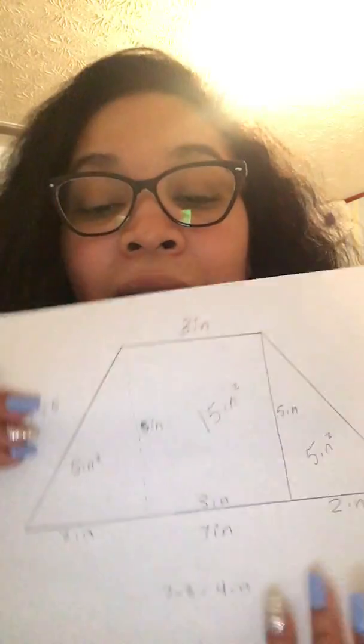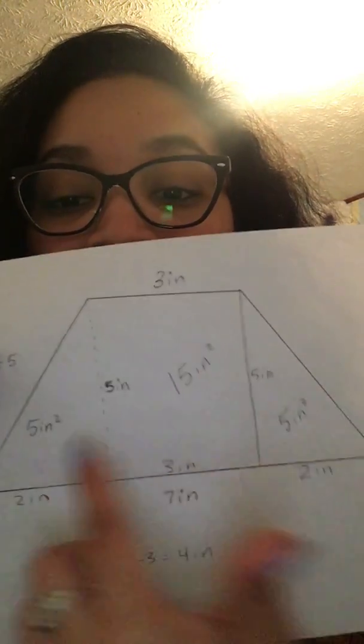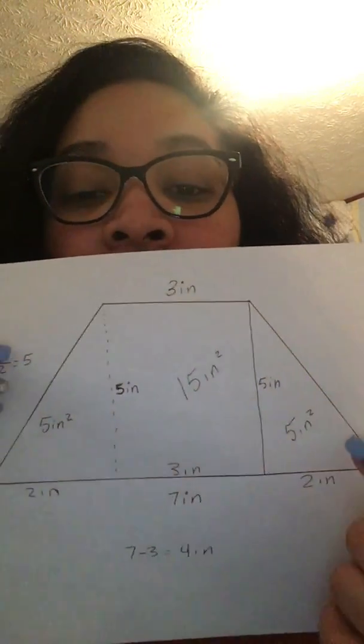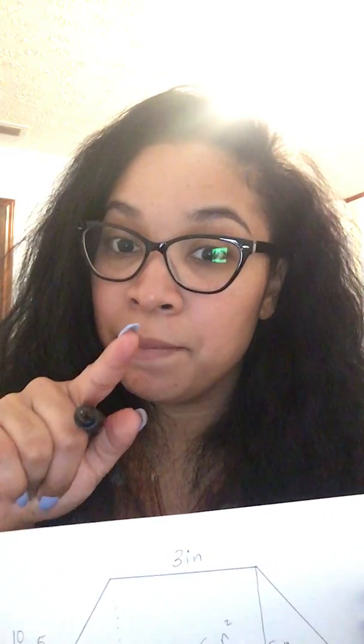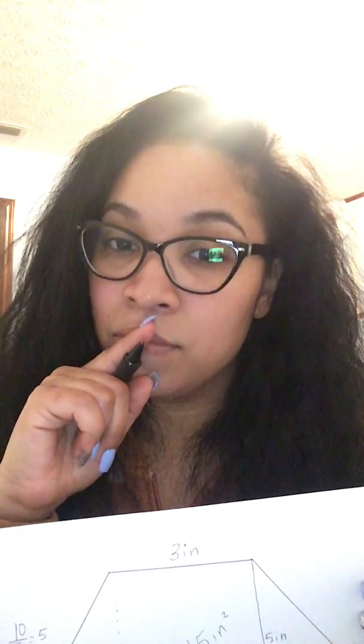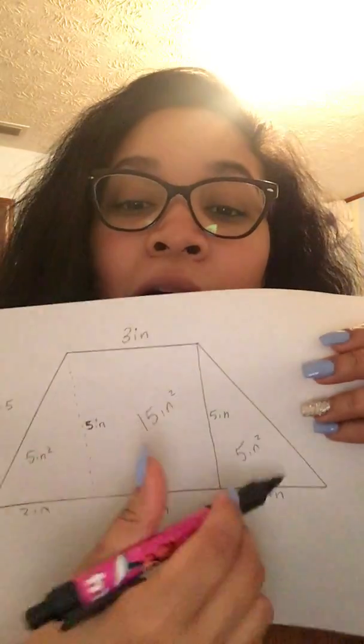So now I have all of the areas for all 3 shapes. Area for both triangles and my rectangle. Now, think about how we do our irregular shapes. Once we find the area of each shape, what's our final step? Yeah, we got to add it. We have to find the sum of all 3 of these.